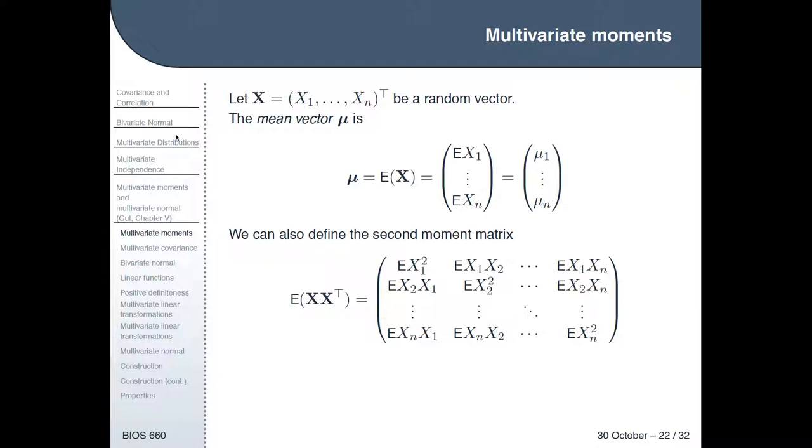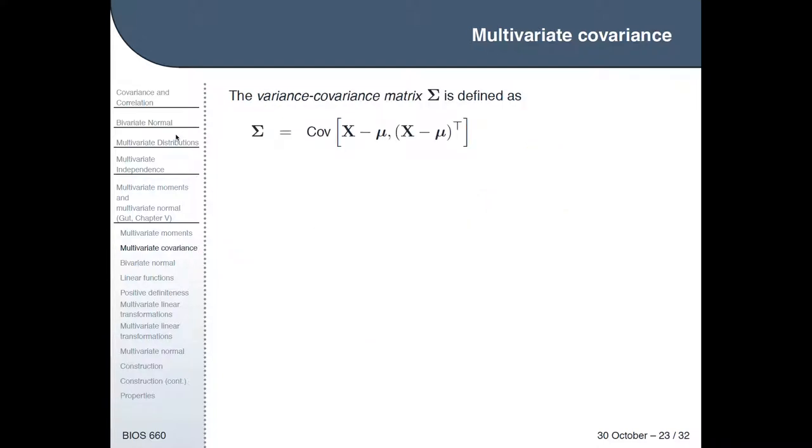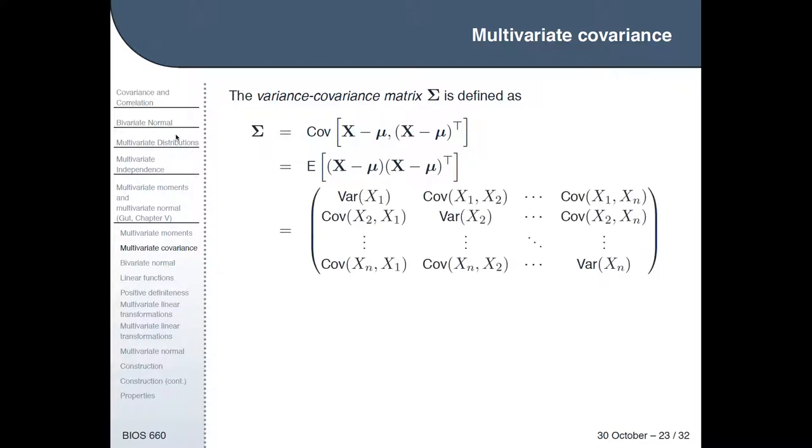In my experience, that's not something that one computes or cares about very often. What one does care about is the variance-covariance matrix, which is defined to be the expected value of x minus mu times x minus mu transposed, which, if you write it out, becomes variance of x1, variance of x2, up to variance of xn in the diagonals, and the covariances in the off-diagonals.